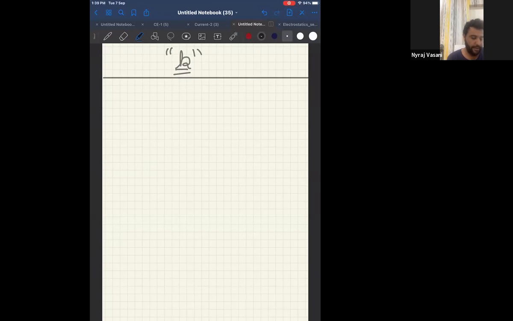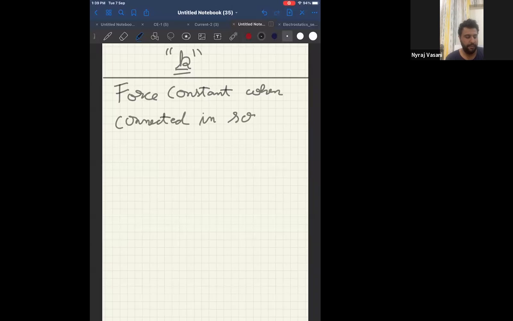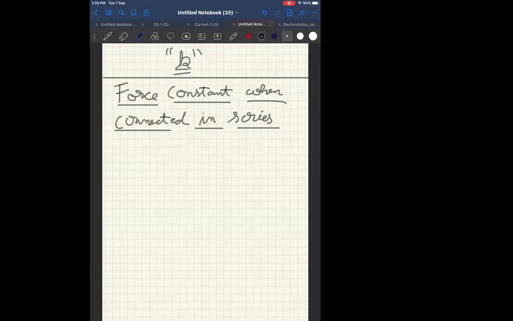Therefore, write down this. Side heading: force constant, or spring constant, when connected in series.